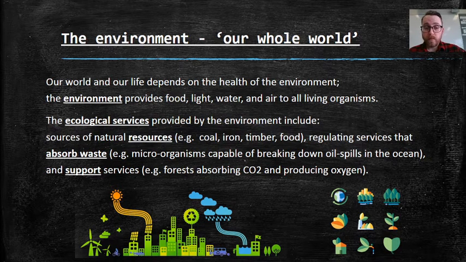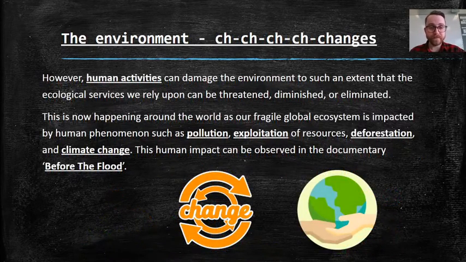The environment also regulates services and absorbs waste, which is a fancy way of saying when we make a mistake, for example, spill oil in the ocean or throw rubbish into the ground, the environment is capable of healing itself, improving without our assistance. And then it provides support services, like trees and forests absorbing CO2 and producing oxygen, which is important for us to live, obviously. So the environment does a lot of things for us. Therefore, it is in our best interest to keep it healthy, if we want to stay healthy.